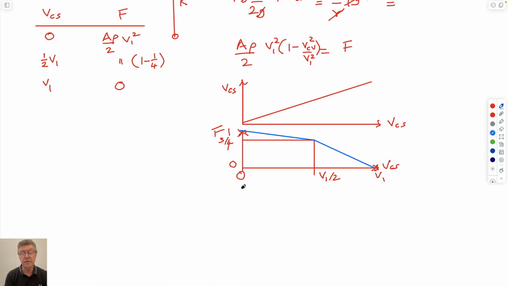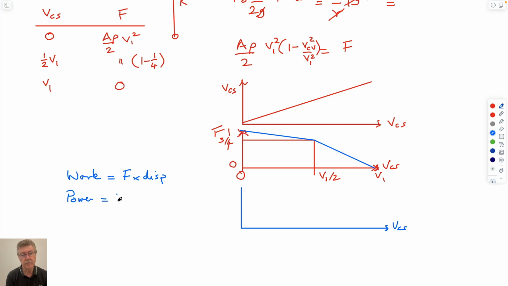And the punchline, of course, in all of this is that we know that work is equal to force times displacement. Power is the rate of doing work, work over seconds, which is equal to force times velocity. In this particular case, the velocity would be VCS.